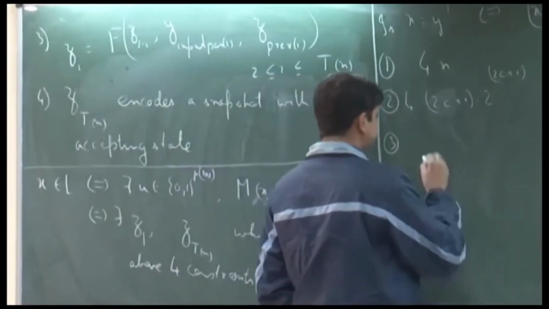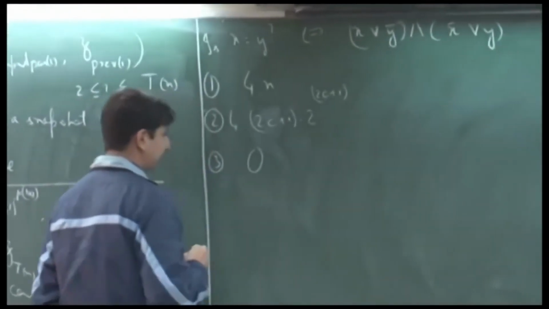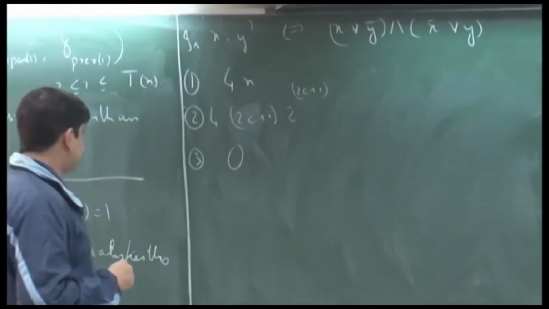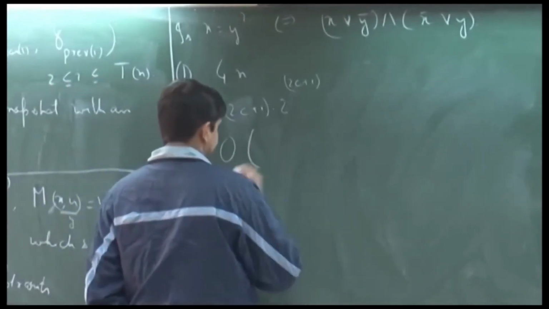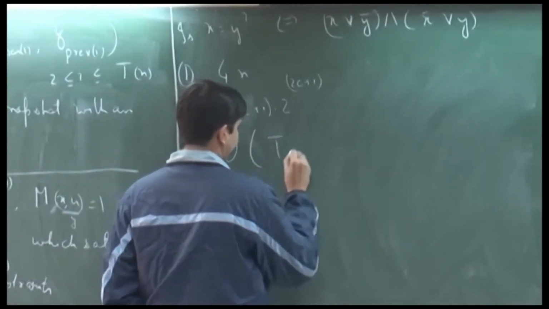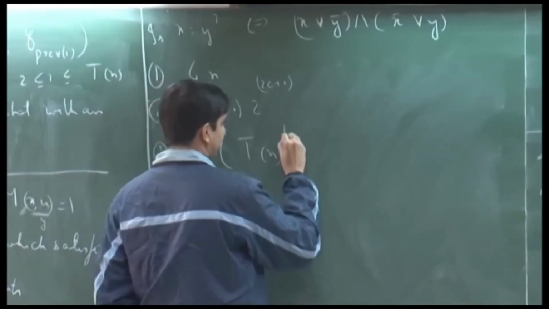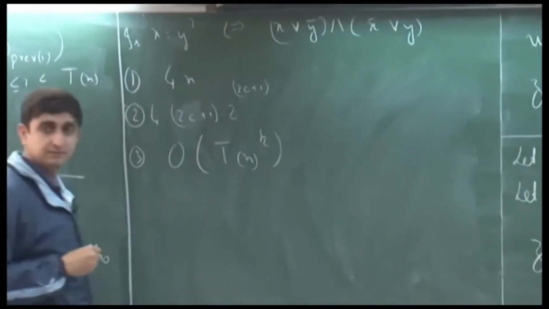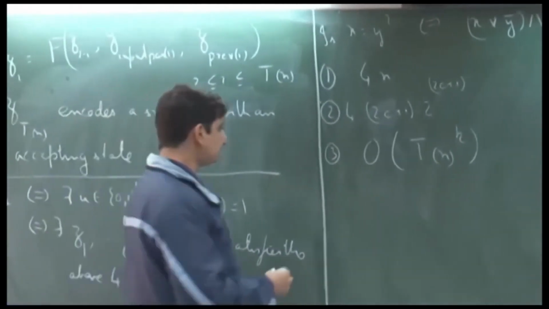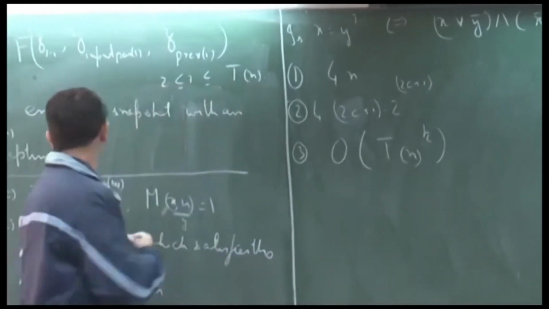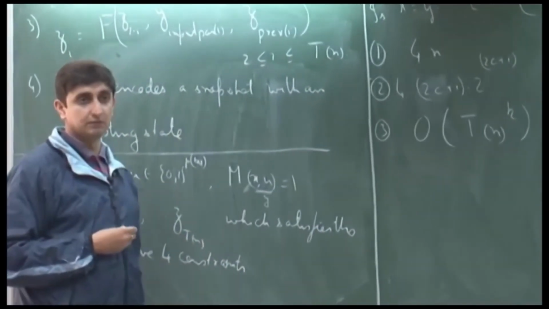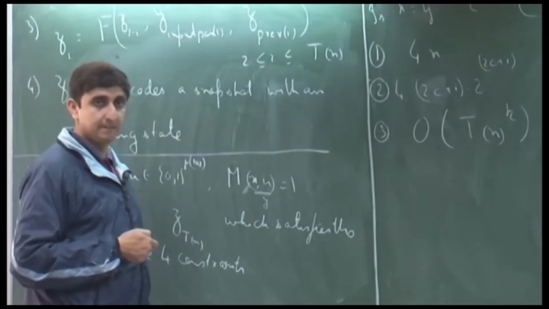So, here let me just skip the details and write this as some big O of t(n) to the power some constant, and again for the fourth step you need some constant size formula.